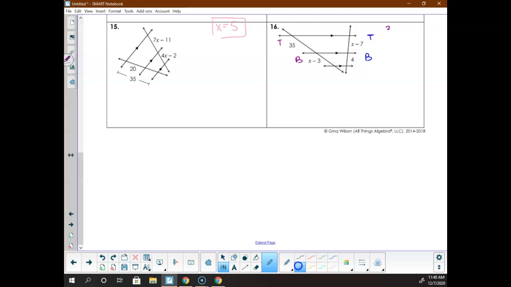So I end up with 35 over x minus 3 equals x minus 7 over 4. All right, so when I go to set it up, I have 4 times 35 equals x minus 3, x minus 7. I believe this is 105.